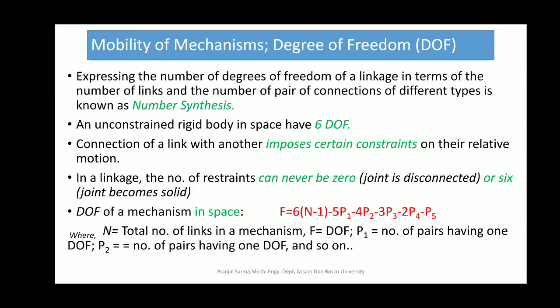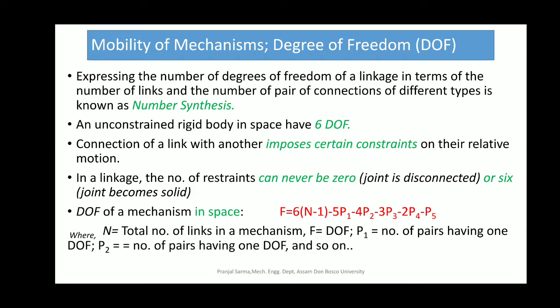Now if we are talking about these various kinds of mechanisms, we already know the basic building blocks of a mechanism are the links, which we also call members. These are all rigid bodies.